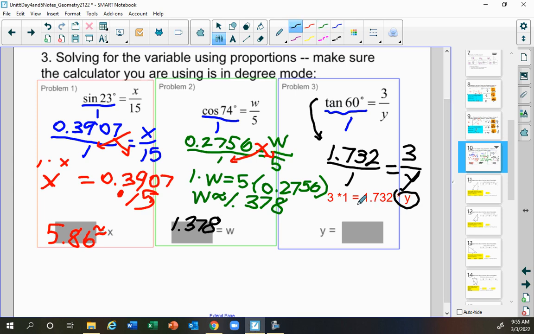Now, when you divide the two numbers, so when you had 3 times 1, do we really need the 3 times 1? No. So it's just 3. But now we're going to divide both sides by 1.732. Now be careful. Look what you get. Look what happens when you divide 3 by 1.732.